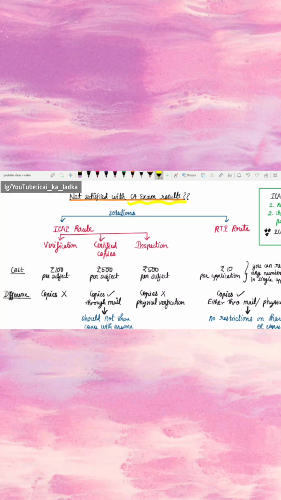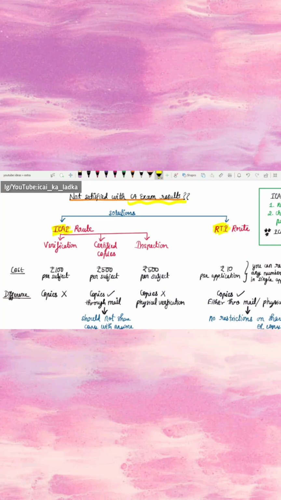Okay. So what is the procedure for re-evaluation, or the procedure by which you can see your answer sheet after your exams are done and your results are out? We are going to see the procedure today. There are two possible routes: the ICAI route and the RTI route.